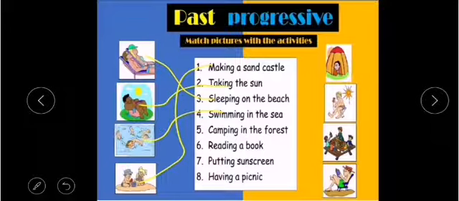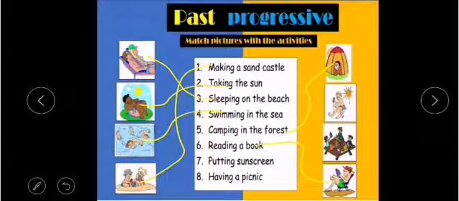Swimming in the sea. منهم two، نفس الشيء، they were swimming in the sea. Camping in the forest. منه one وهو مذكر، فبنحكي he was camping in the forest. Reading a book. He was reading a book.